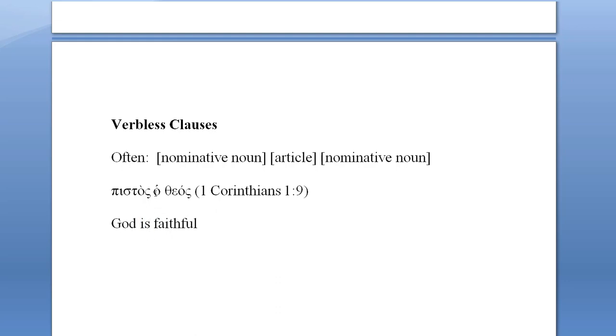But again, we have a nominative and a nominative. Note that pistos here is an adjective. It's being used like a noun. It's a predicative relationship. Pistos ho theos. So it is going to match not only in case, but in number and gender. So we have not only nominative, but they're both masculine, singular.